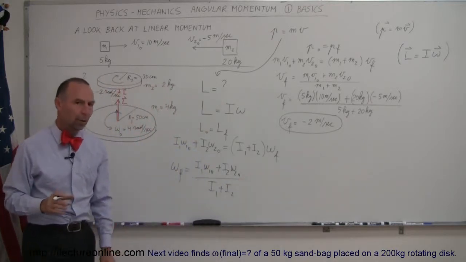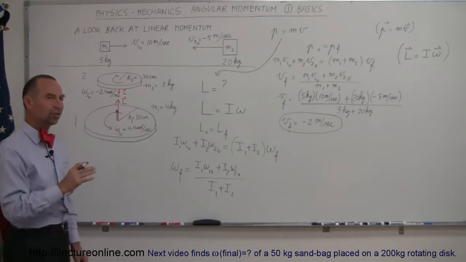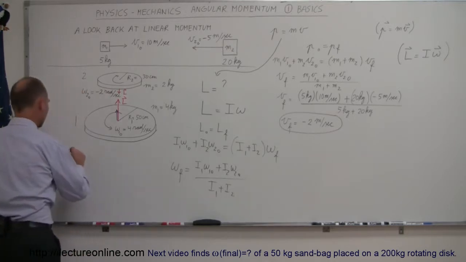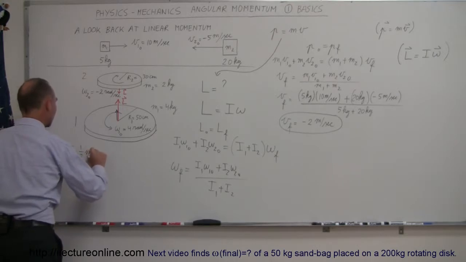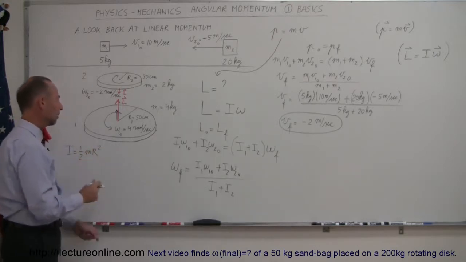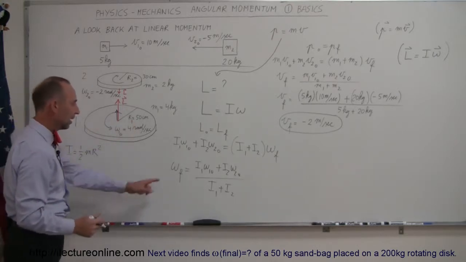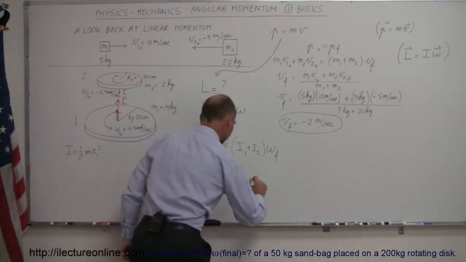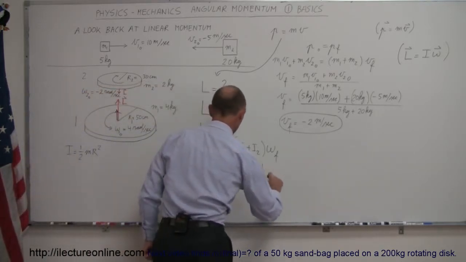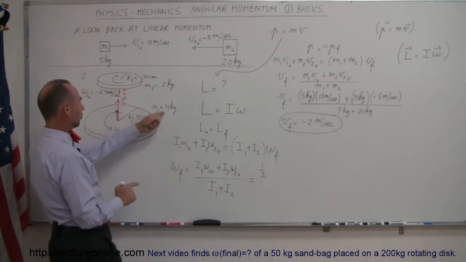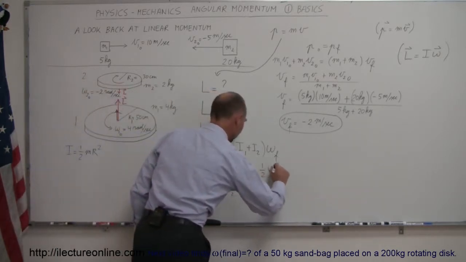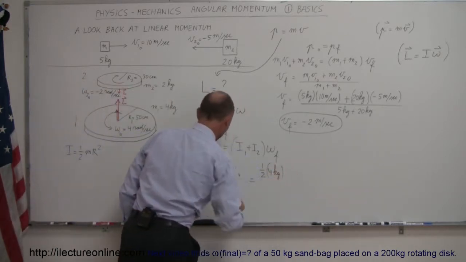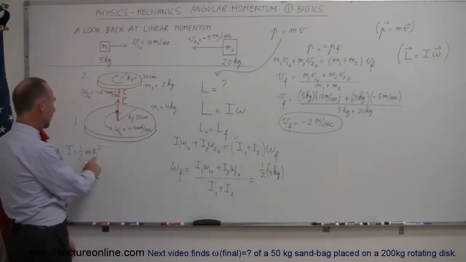Now, remember, what is the moment of inertia of a spinning disk? Well, the moment of inertia of a solid spinning disk is 1/2 the mass times the radius squared. So in each case, we'll have to take 1/2 the mass times the radius squared, and let's plug that in here. So this is equal to 1/2 times the mass of the first disk, which was 4 kilograms, times the radius squared.